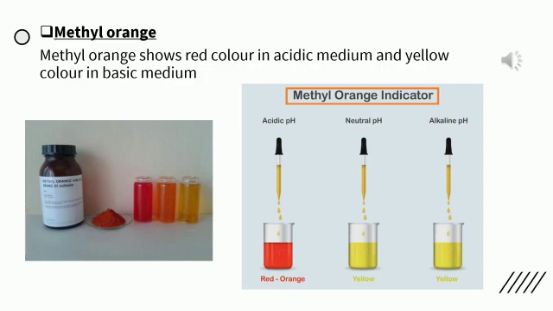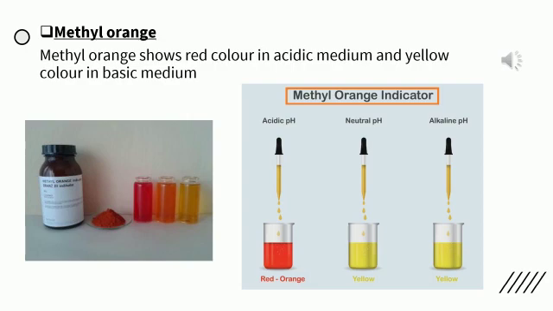Next synthetic indicator that we are studying is methyl orange. Name itself says this indicator looks orange in color. Okay, you can look into the picture. Methyl orange shows red color when you add this indicator to acidic medium. You can see it in the picture.